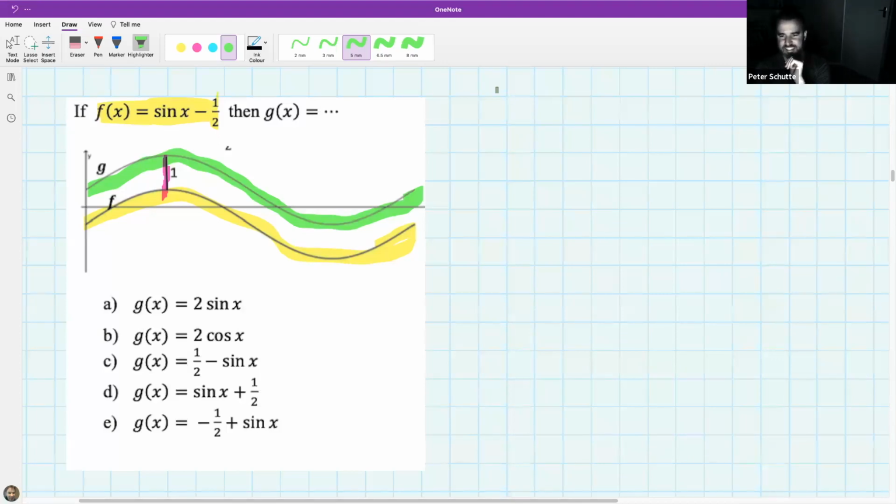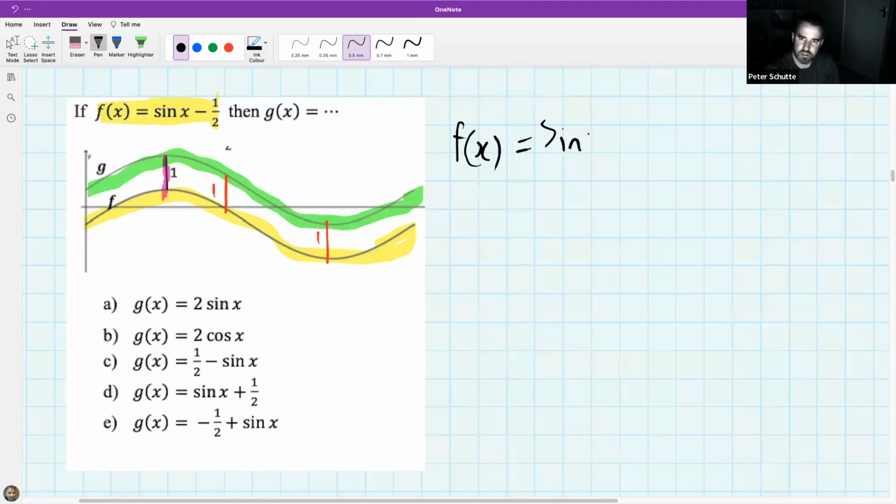I like that this is pushing you guys. So for me, the relationship between G and F is that to get from F to G, I just have to add 1. It looks to me like they're always 1 apart, which means all I need to do is say, what is the F function? The F function is the sine of X minus a half.